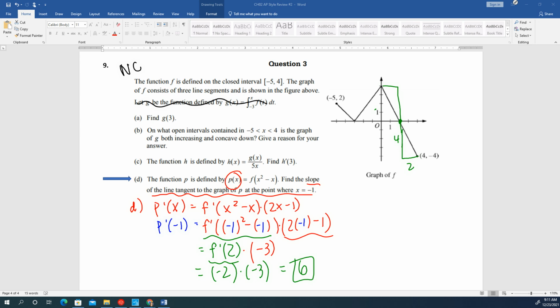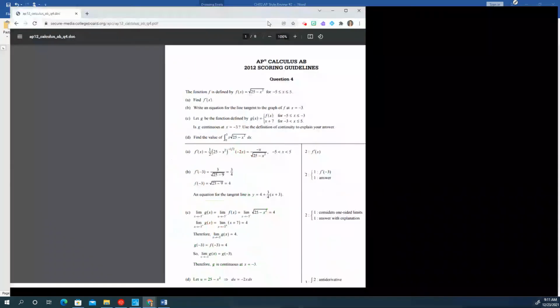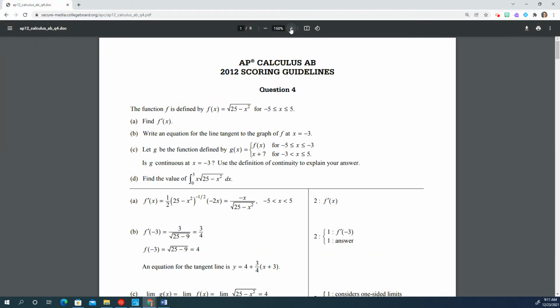Okay, that's all. I'm going to pull up the scoring rubric from that last one, that question 4 where we could do 3 parts, just so you can get an idea right now. Here. This was from the 2012 exam.